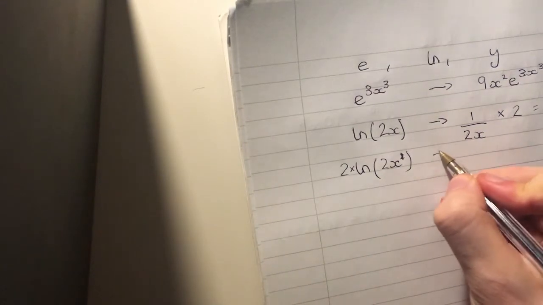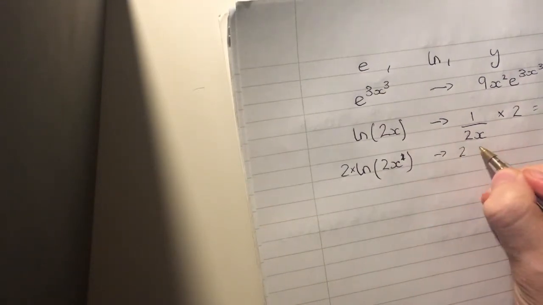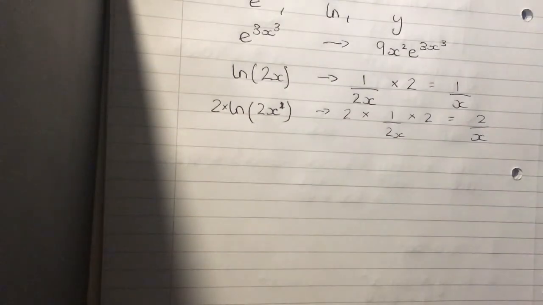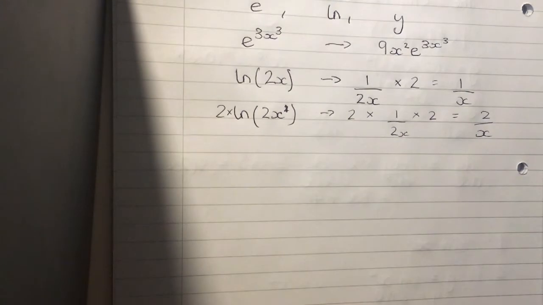So this would become 2 multiplied by 1 over 2x multiplied by 2, which is equal to, one of the 2's cancel, so you just have 2 over x that's left.